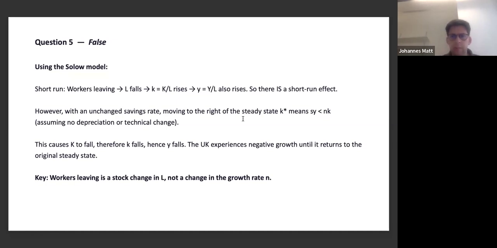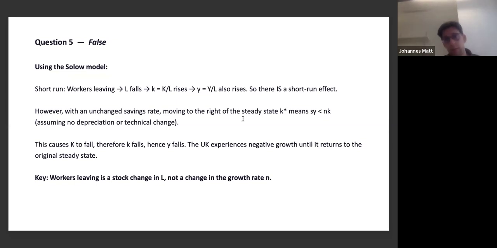Now, how does that matter for the long run effect in this economy, if we think about a one-off decrease in the stock of labor available at that point? Well, there are two scenarios we need to think about here. One scenario is the case where we are to the left side of the steady state capital stock.